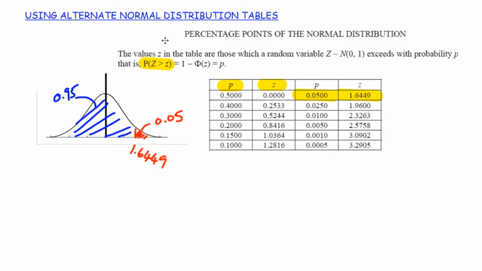Be extremely careful when you're reading these percentages, particularly the ones with the additional zeros. So I'm talking of the 50, the 5, the 0.5, and the 0.05. All right, so questions in whichever way they want may ask you to refer to these percentage points and to these alternate tables.